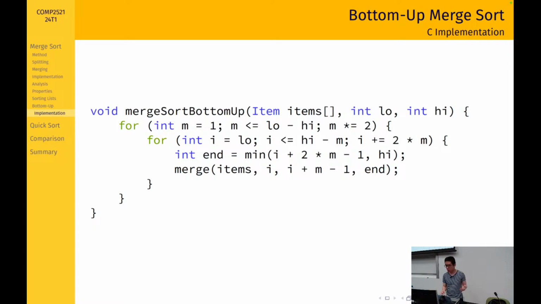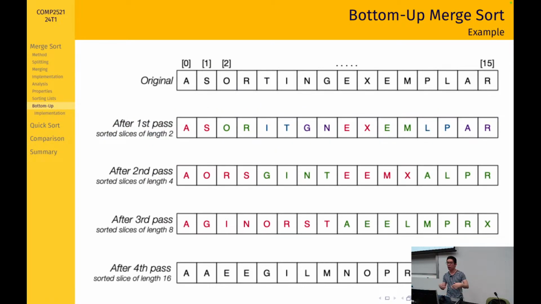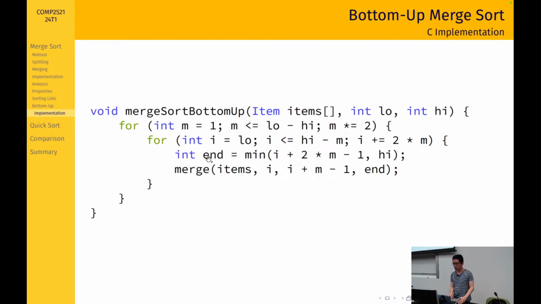So if your array size isn't a power of 2, like 2, 4, 8, then eventually you'll get to some point where you're trying to merge a run of size m with a run of size less than m, because there aren't as many elements at the end, right? So this variable is used to just calculate that.